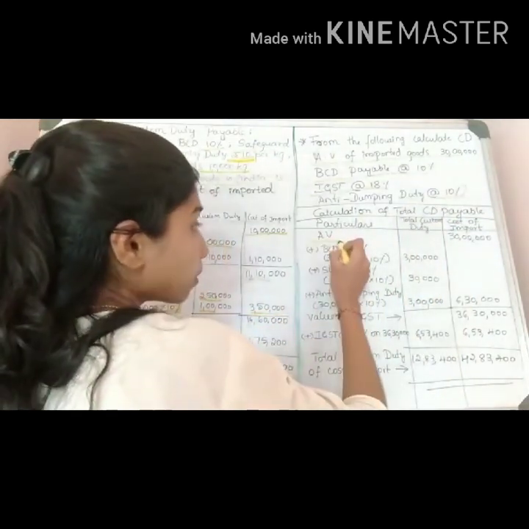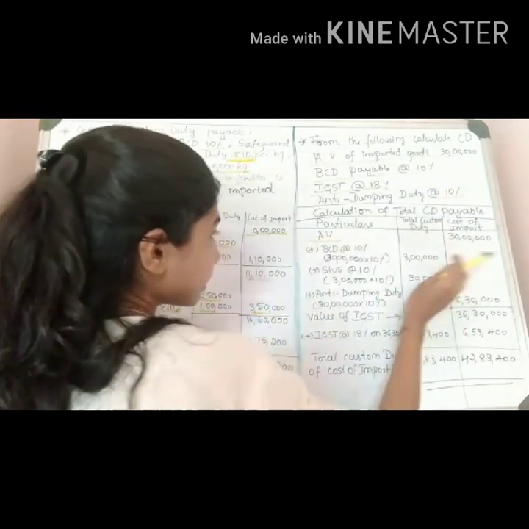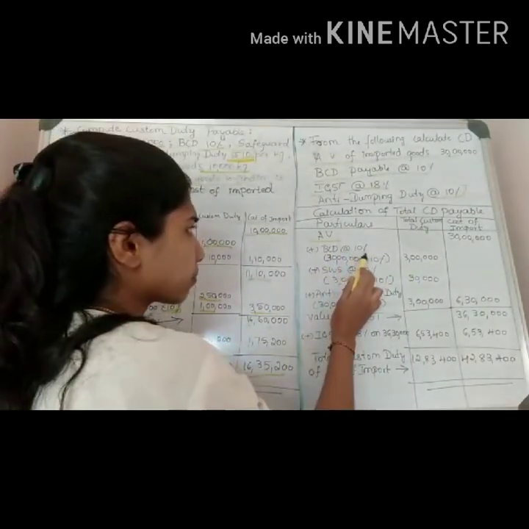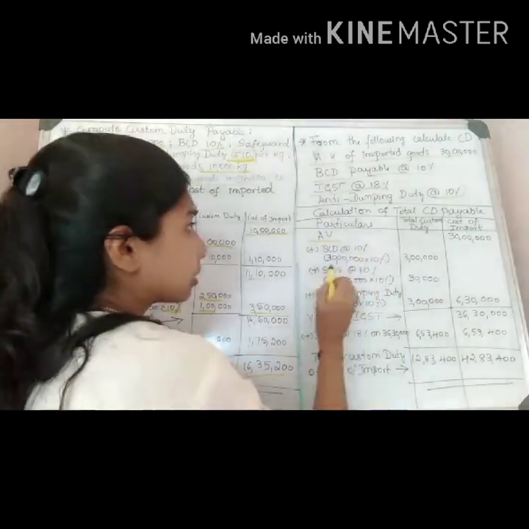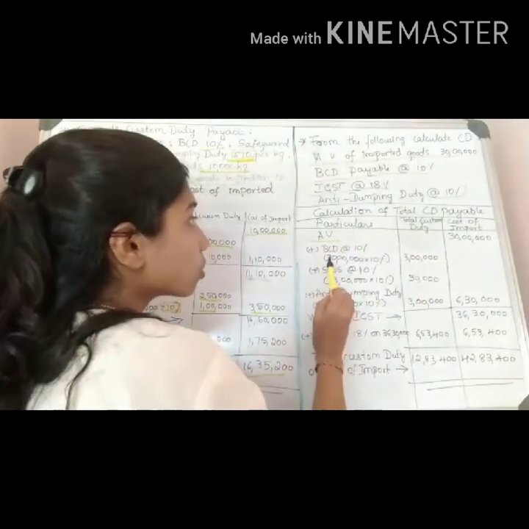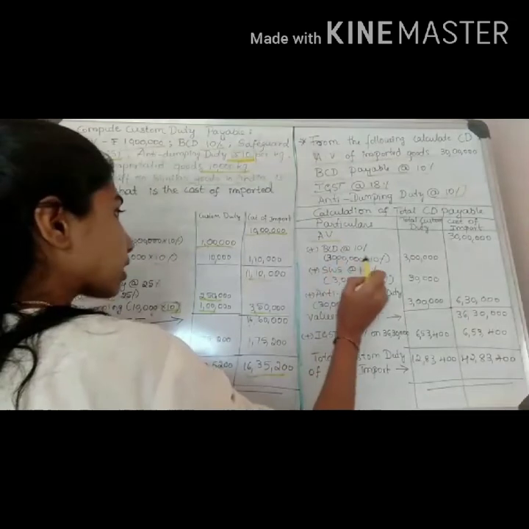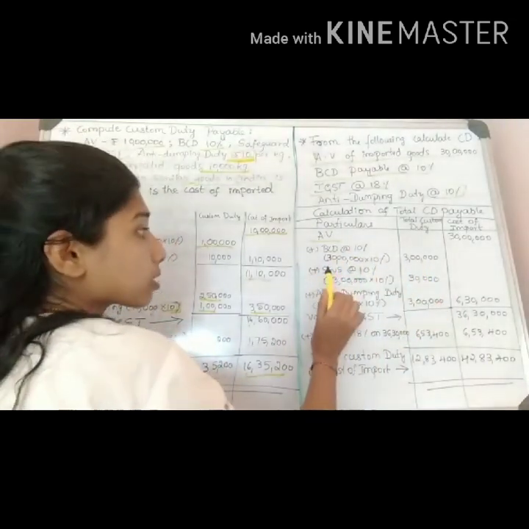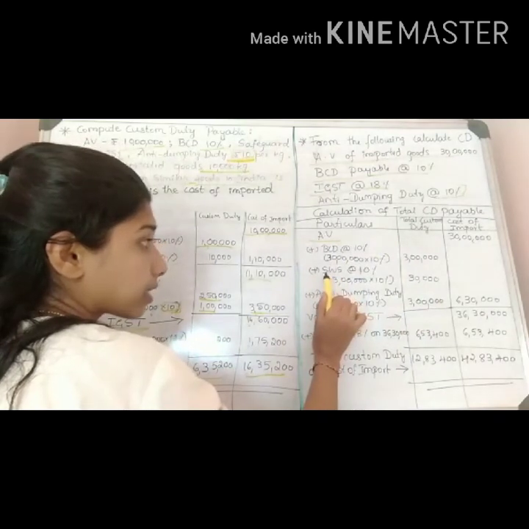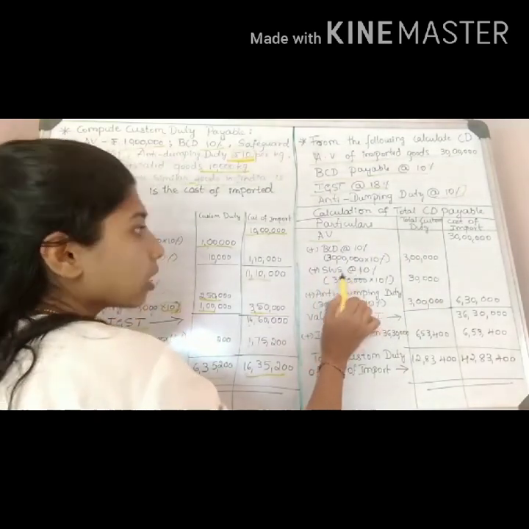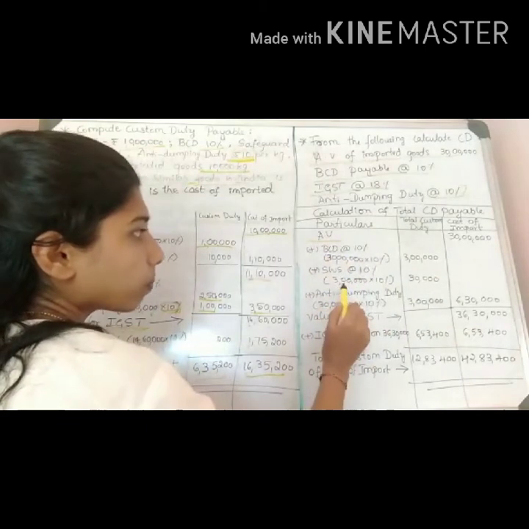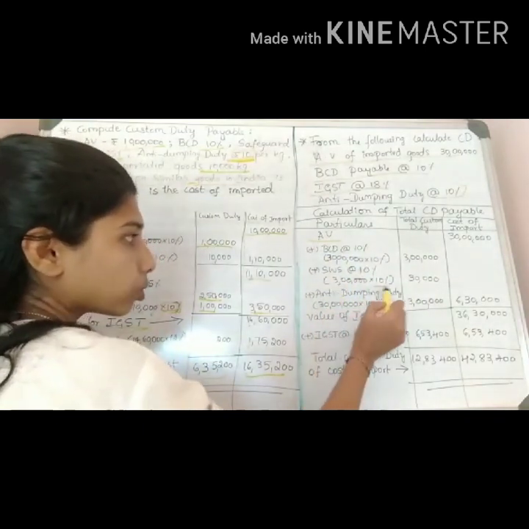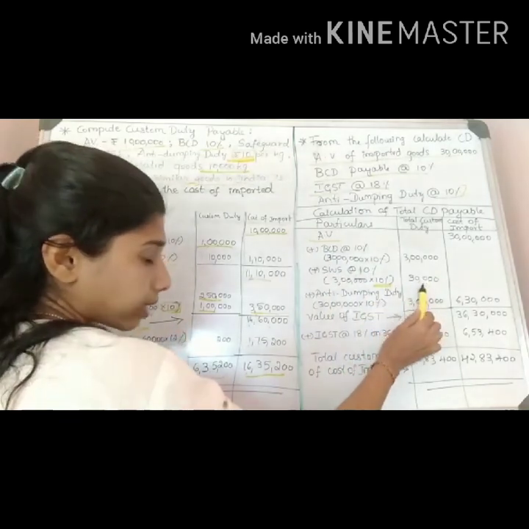Particulars, total customs duty, cost of import. Assessable value 30 lakh plus BCD at 10% on assessable value: 30 lakh into 10%, that is 3 lakh. Plus social welfare surcharge at 10% on BCD: 3 lakh into 10%, 30,000.